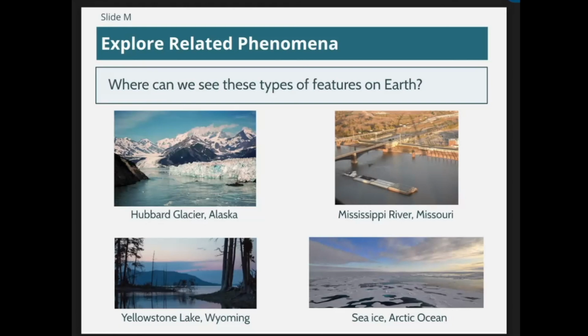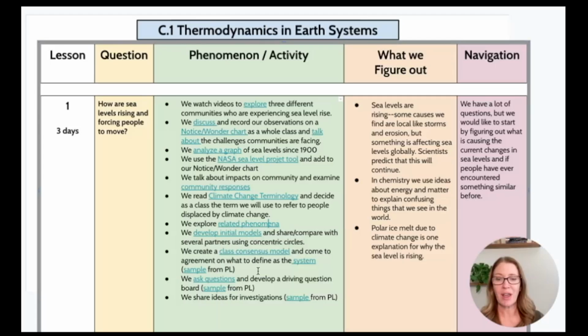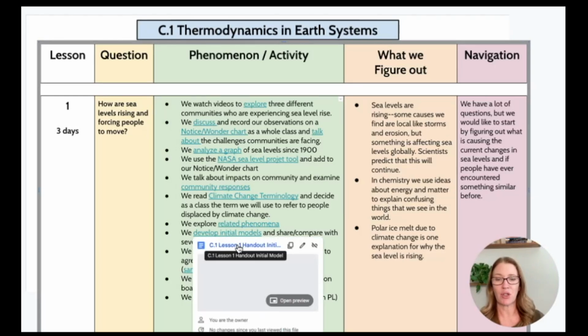This can bring up experiences that students have had. Maybe they visited Alaska, or a lake, or they've seen a river. But this is leading to the idea that there is ice in the ocean and there's ice on the land, and maybe this ice is melting, and we're going to lead in that direction to help us develop some initial models.